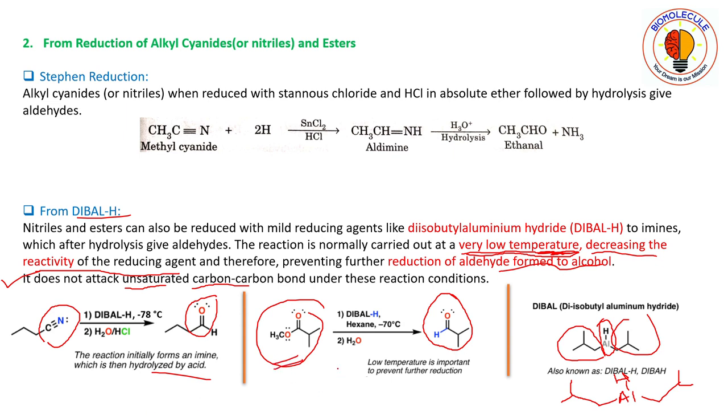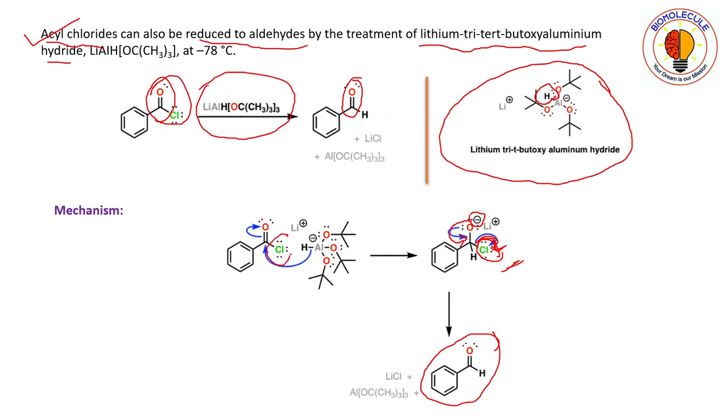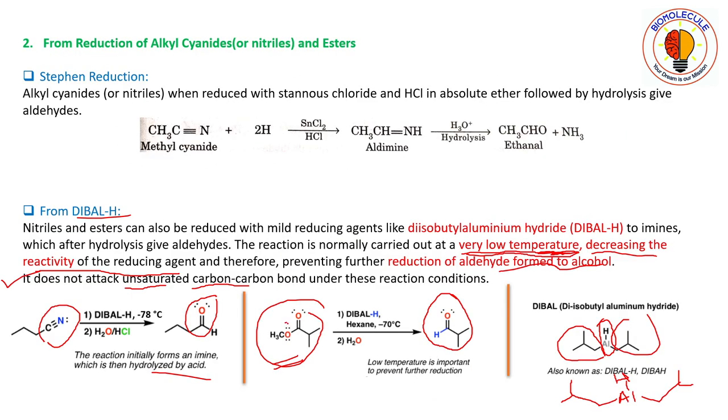So what it does is just like the previous one. Here it was chloride and now here it is ester. DIBAL-H will just go and attack here, the bond will shift over to oxygen, then the oxygen will come back, and this OCH3 group, that is the methoxy group, will leave, as it is a very good leaving group, giving us aldehyde.